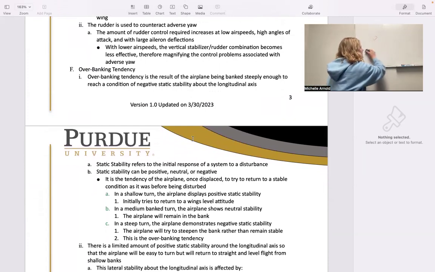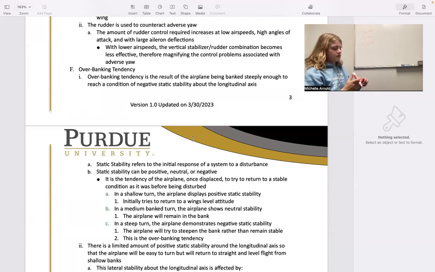So there are three types: positive, neutral, and negative. Now, as you can probably guess, the positive is going to be the best one, the one that we want. And the Archers, fortunately, have good positive stability.